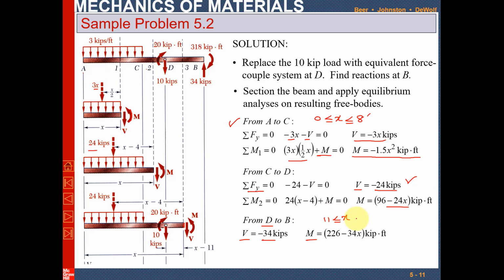So x is greater than 11 and less than or equal to the total, which is 5 more, so 16. Clear? And similarly from C to D, x is greater than or equal to 8 and less than or equal to 11, because point D is at 11 feet distance.